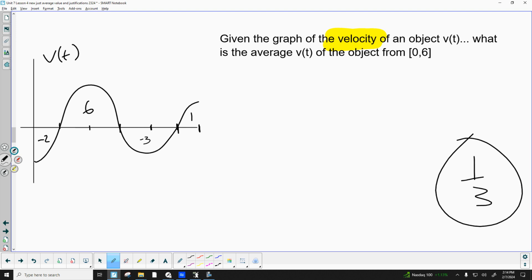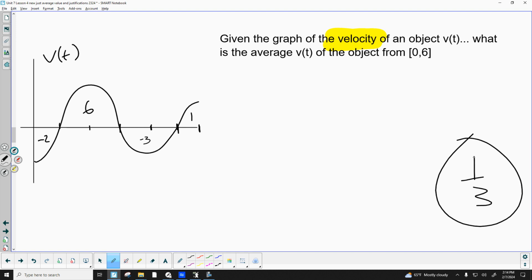So we need to do the antiderivative? Well, it depends on what I'm asking you for. If I ask you for the average velocity, then you need to accumulate your velocity. If I don't have a calculator, I have to take an antiderivative. I have to use position. Now, let's say I give you velocity and ask you for an average position. Well, you have to take the antiderivative to get your position equation.